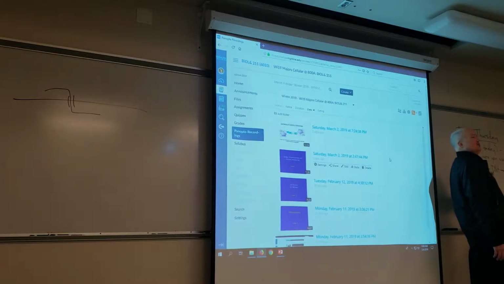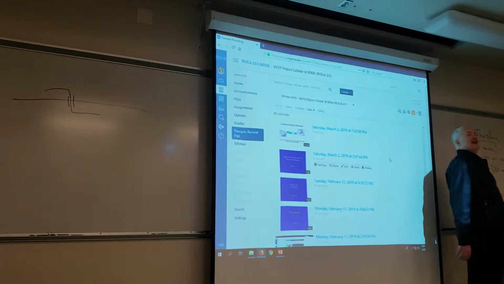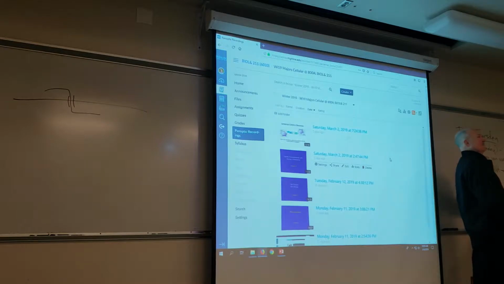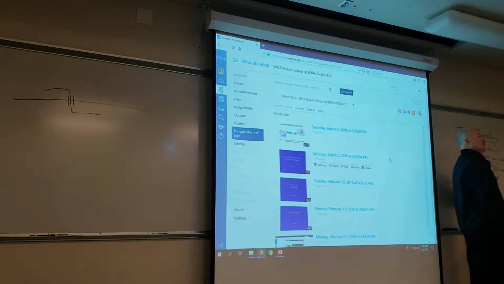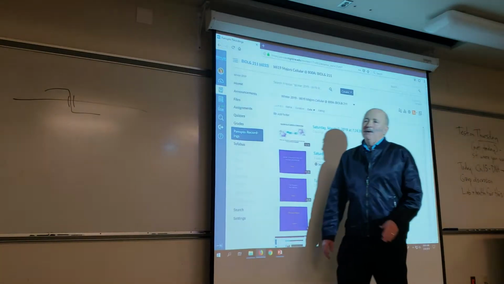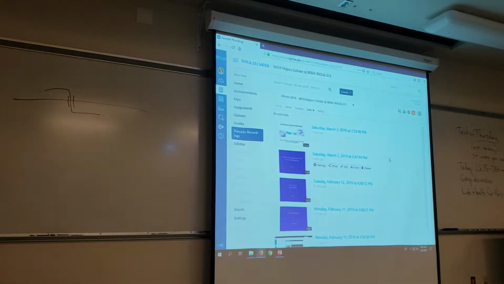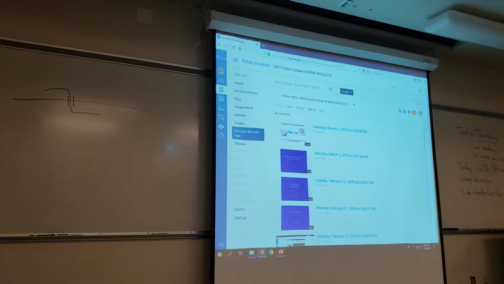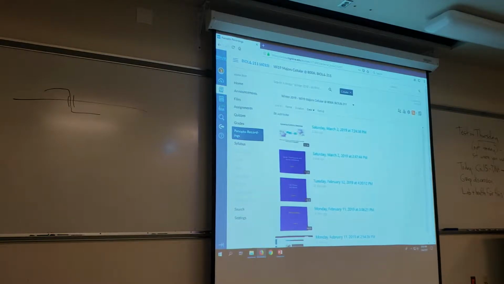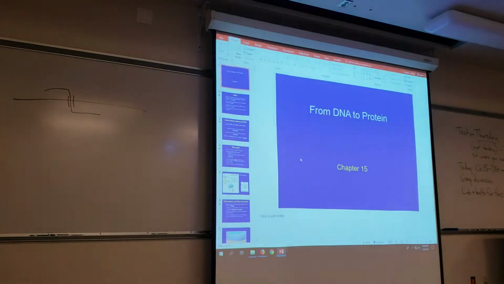In 14, we're looking at the structure of DNA and how it's replicated between generations. Chapter 15 is where we're finally seeing what DNA itself does. That's what we've been dancing around. Now we get down to the real meat of this business. So let's see what DNA does, how we actually read the directions in it to make a protein.